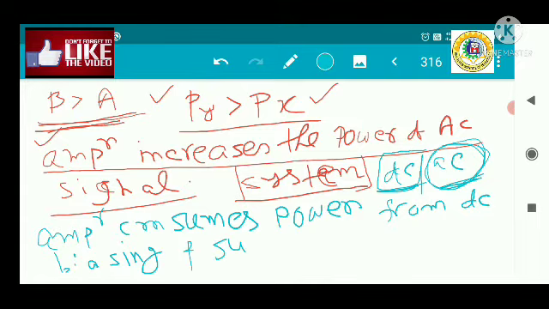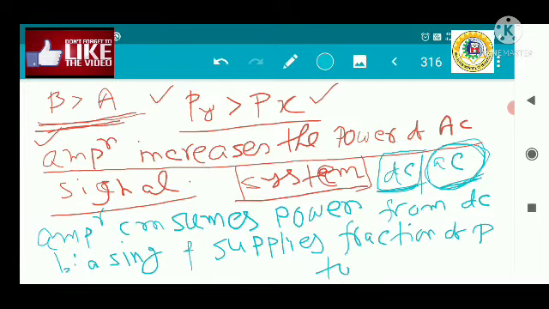Not all the power is supplied to the AC, it supplies a fraction of power to the input AC. So that's why power increases in the case of the amplifier circuit.